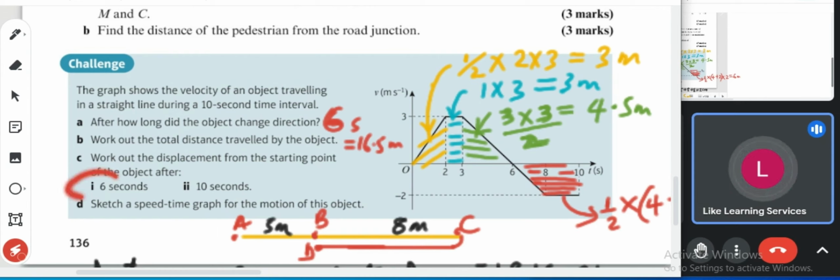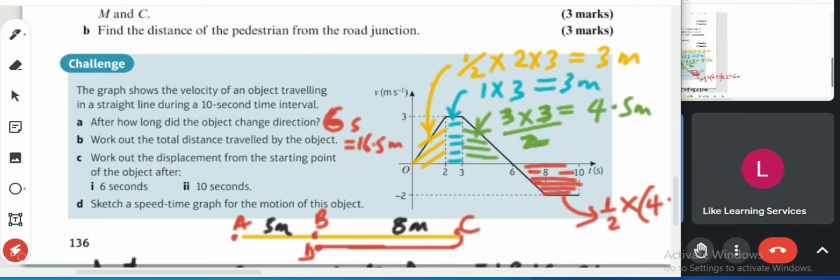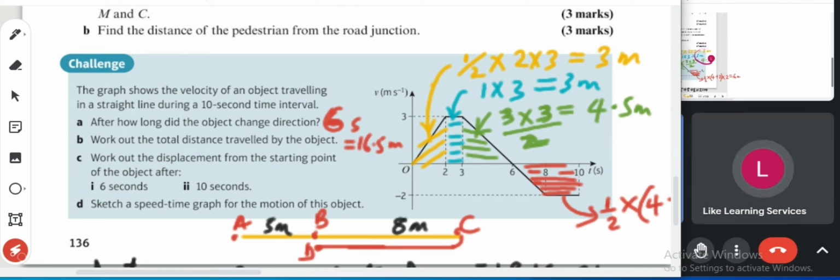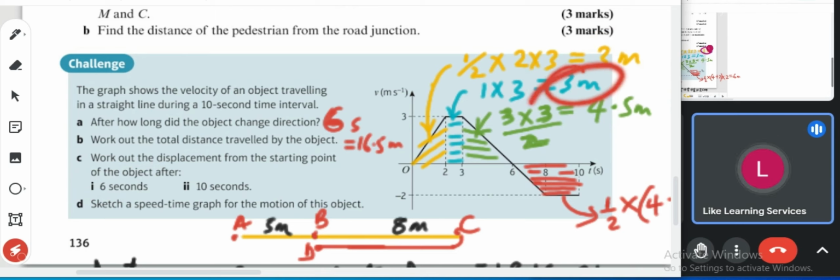Okay, so what did you say is the displacement after 6 seconds? Are you there? What did you say? 10.5. Okay, 10.5, that's 3 plus 3 plus 4.5, the whole forward motion.